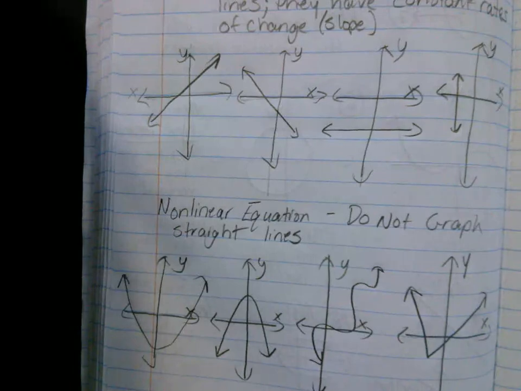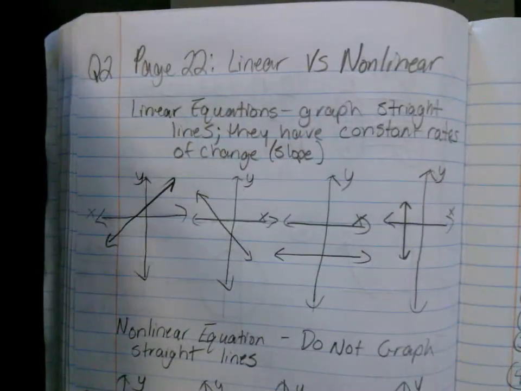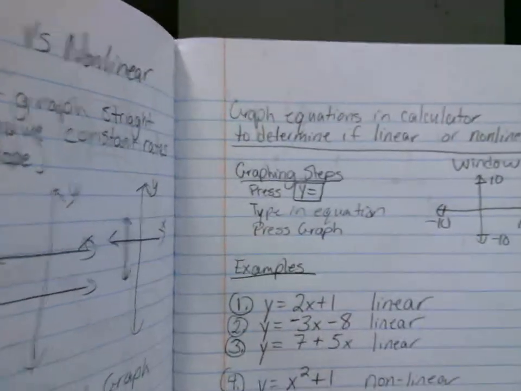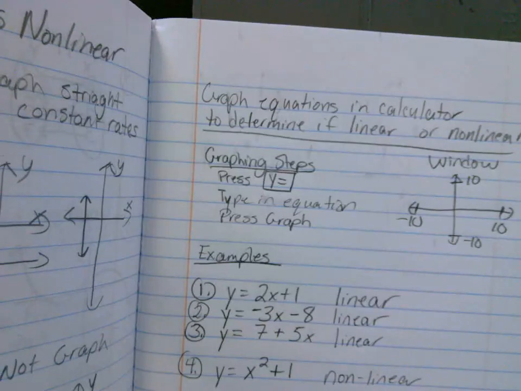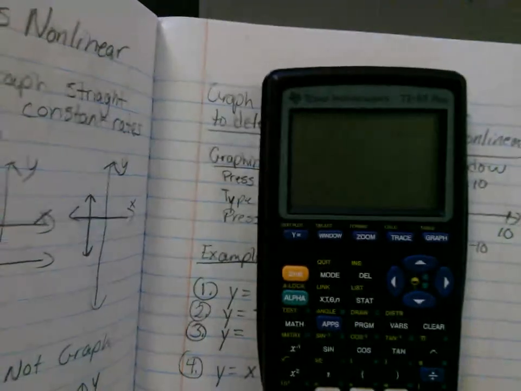All right, what is a linear equation? What kind of lines does a linear equation graph? A straight line. What kind of lines do nonlinear equations graph? Not straight lines. We're going to go through the graphing part again, and then there's an assignment that I'm going to give you, and you're going to put it in your notebook. Make sure you turn your calculator on.